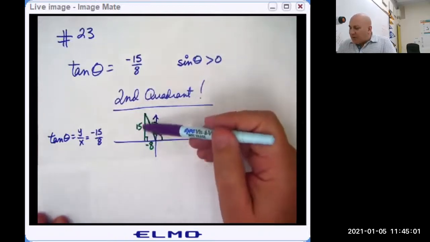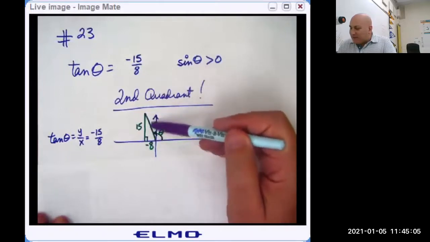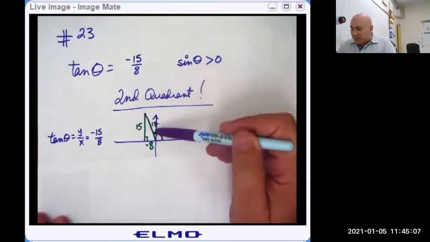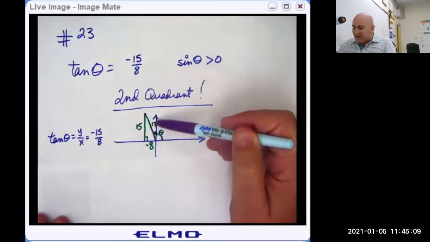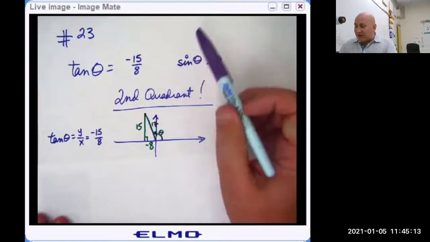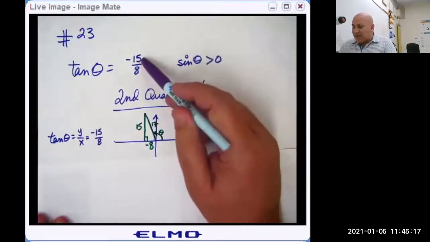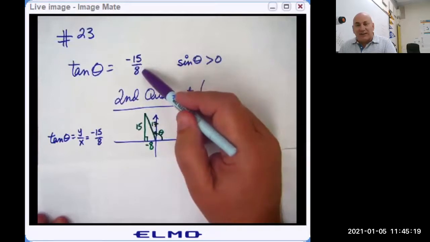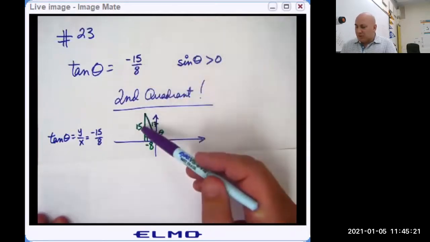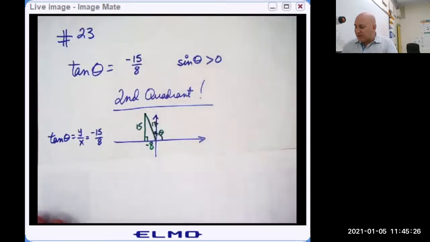So here's my y of 15, my x of -8. That makes my radius, that's a Pythagorean triple, 17. Now, I don't know what theta is, but I know that its sine is positive, and I know that its tangent is -15/8, opposite over adjacent, or y over x.